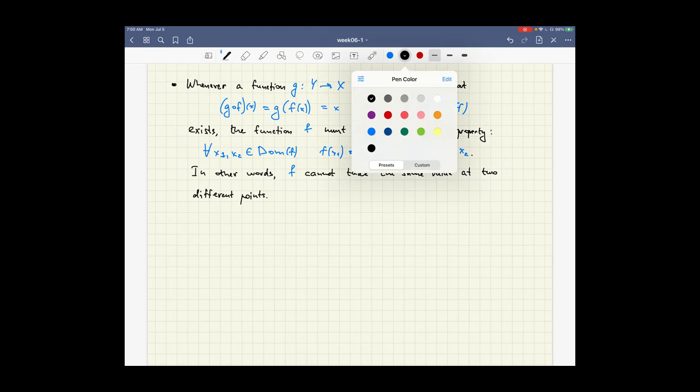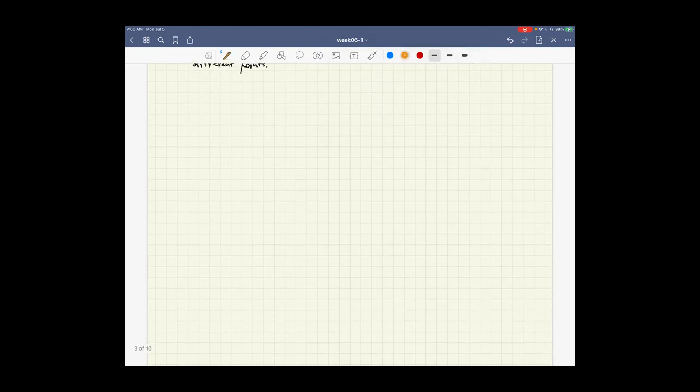Why is that the case? Let's draw a picture. This potato is the domain of f, which is x. This is the codomain y.